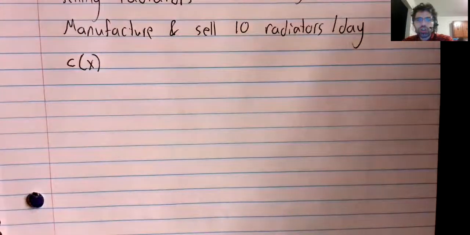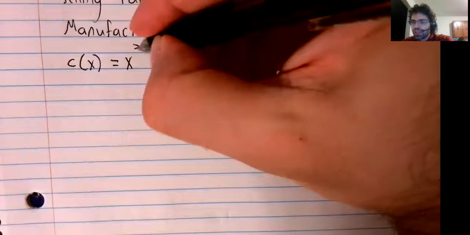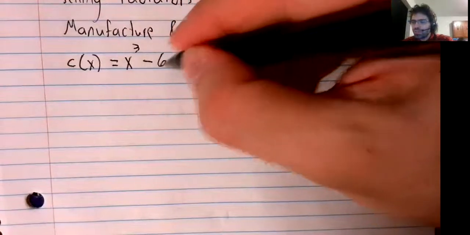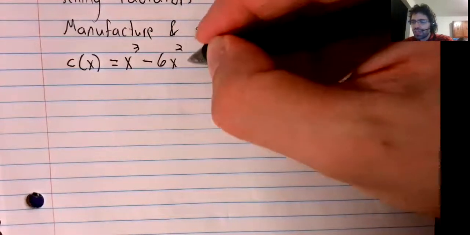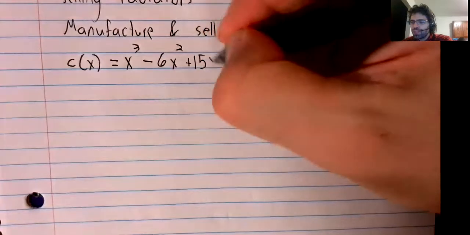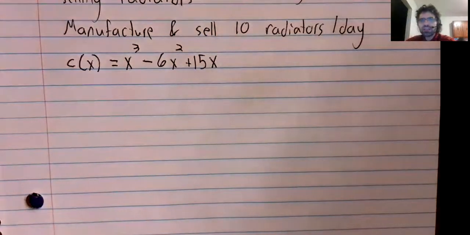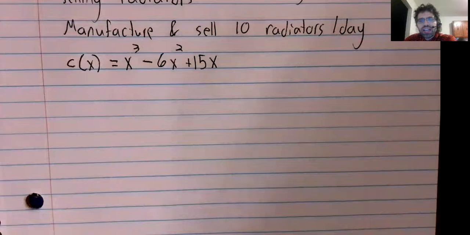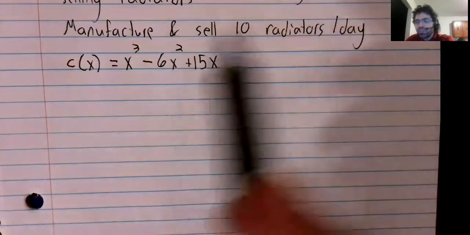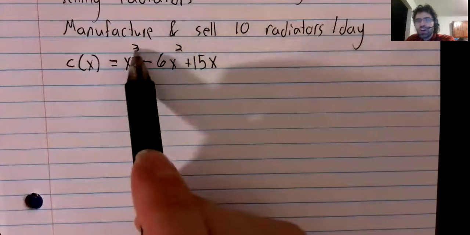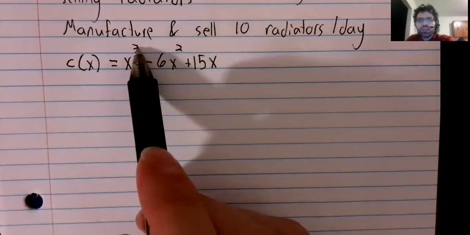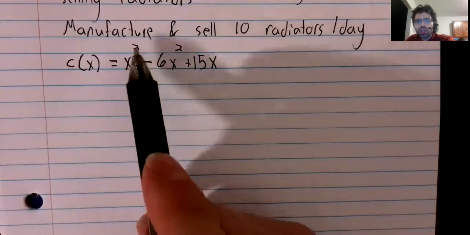The cost to manufacture x radiators is x cubed minus 6x squared plus 15x. And this example was made up, but it is realistic in the sense that cost functions are very frequently cubic polynomials.